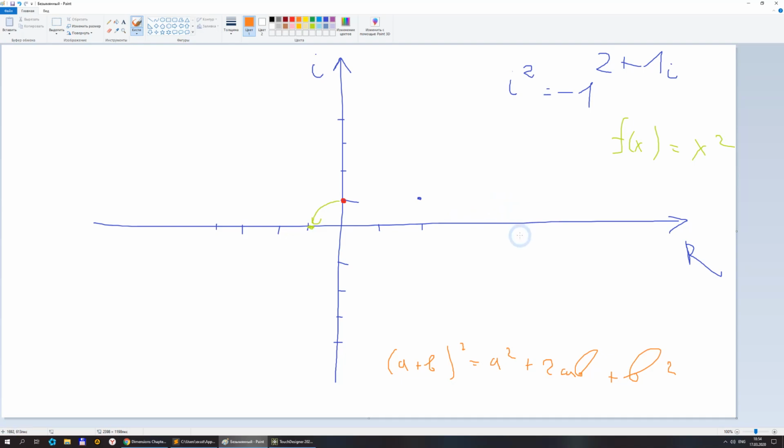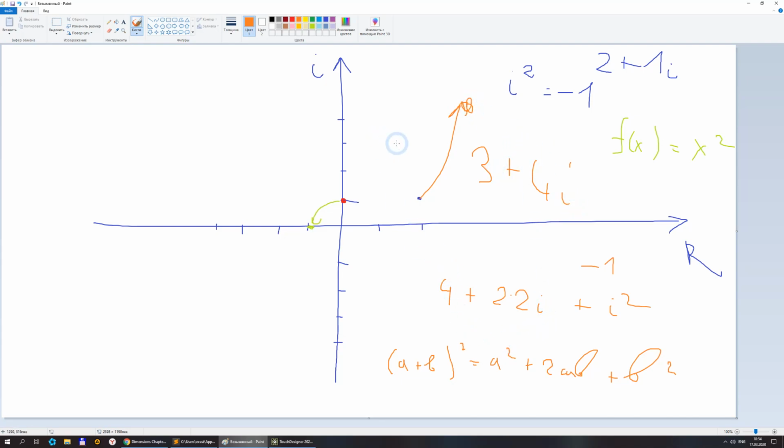So in our example it would be 4 plus 2 multiplied by 2 but i plus i squared, which is minus 1. 4 minus 1 is 3 plus 4i. Maybe I miscalculated it somehow, but probably it's 3 plus 4i, so it's here 1, 2, 3, 4. So this dot goes here.